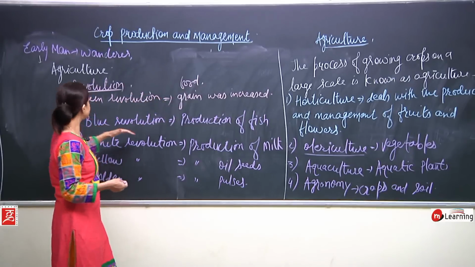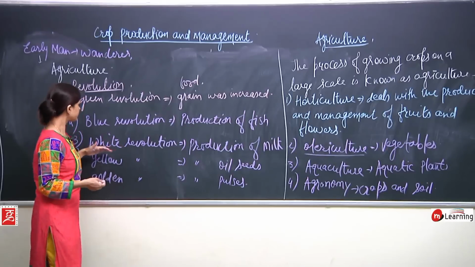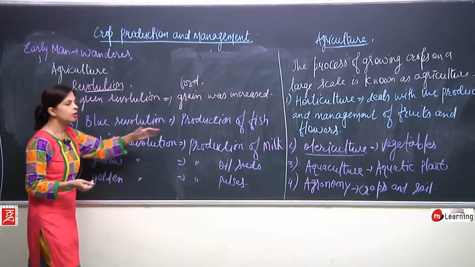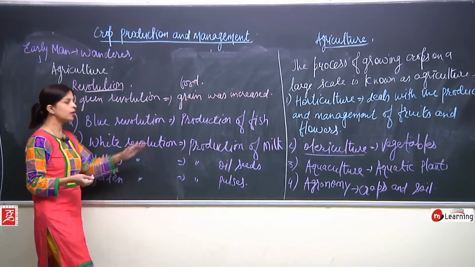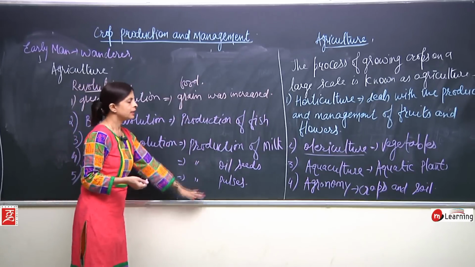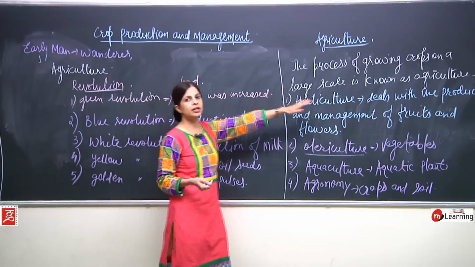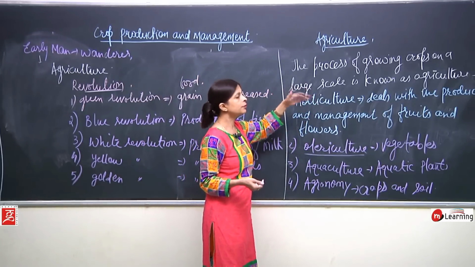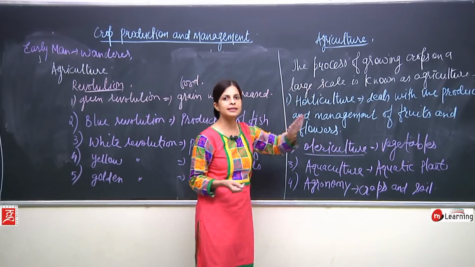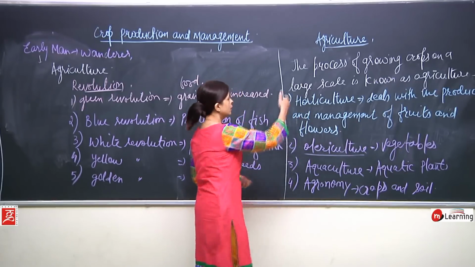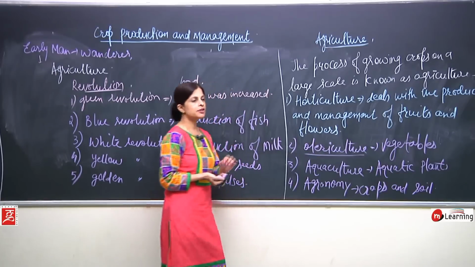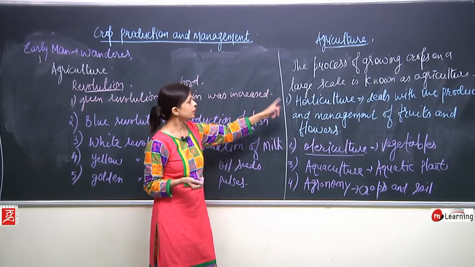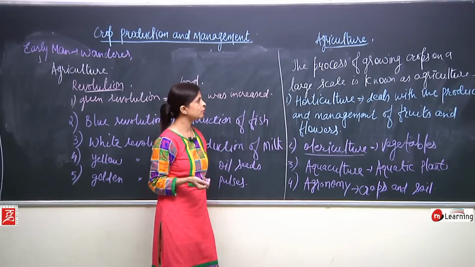Green, food grains; blue, fish; white, as the color itself suggests, milk; yellow with the oil seeds; golden with the pulses. The next was agriculture. The process of growing crops on a large scale is known as agriculture. These are the branches of agriculture: horticulture, olericulture, aquaculture and agronomy. Just now we have discussed this.